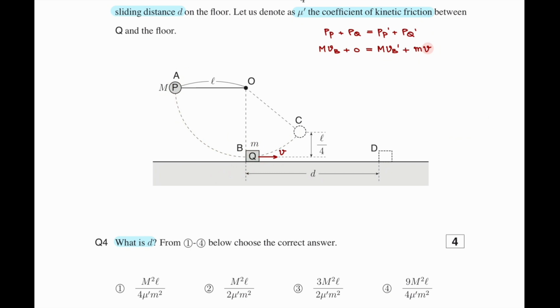Mechanical energy is the sum of the kinetic energy and potential energy. So I can say that the potential energy plus kinetic energy at point A, PEA plus kinetic energy at point A, must equal PEB plus kinetic energy at point B. In this equation, we focus on object P.